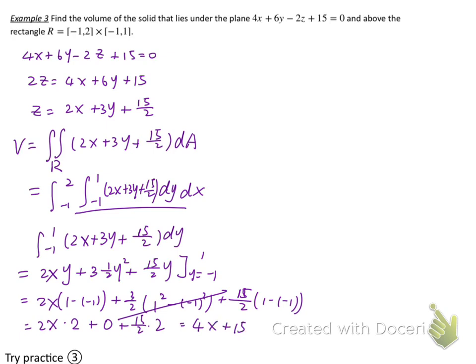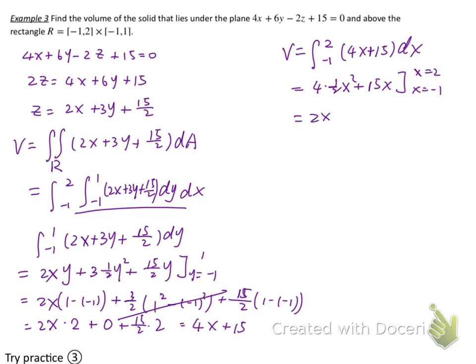Then I throw it back into the integral. So my V is actually the integral from negative 1 to 2 of 4x plus 15 dx. And then I have 4 times 1/2 x squared plus 15x, which is 2x squared plus 15x, with x from negative 1 to 2. That is 2 times (2 squared minus negative 1 squared) plus 15 times (2 minus negative 1).